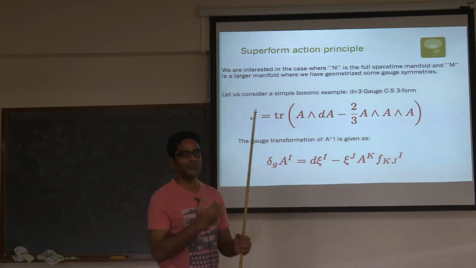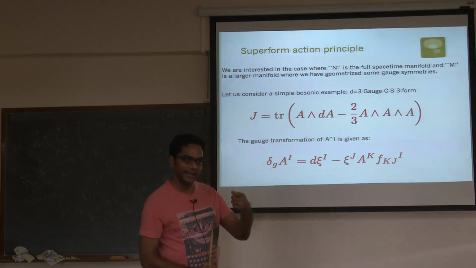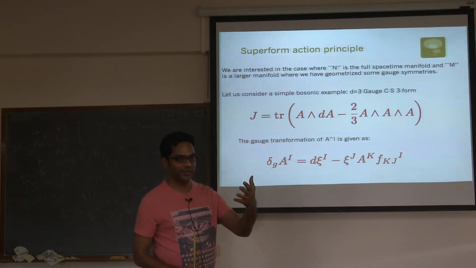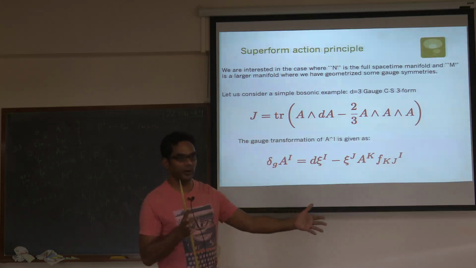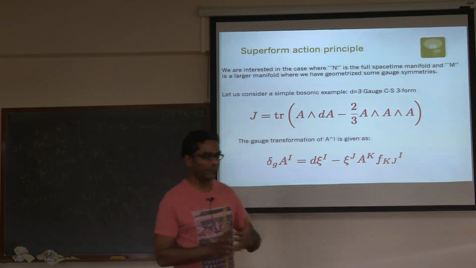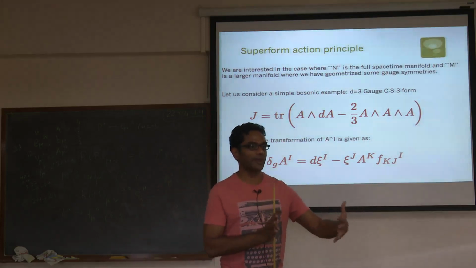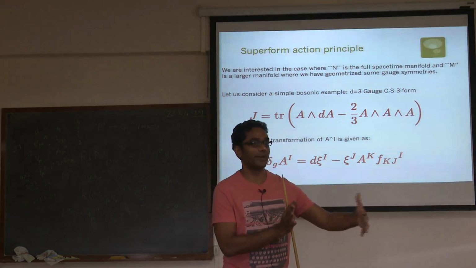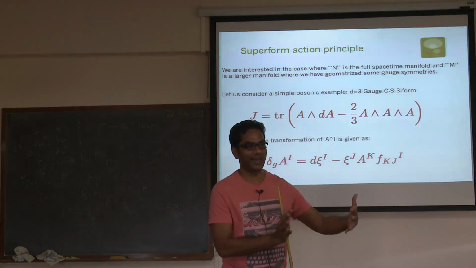So these are my super Veblen. Small e^a and capital A^I are my super Veblen. Now this super form is expanded in terms of the number of factors of this super Veblen, what kind of super Veblen it is carrying.